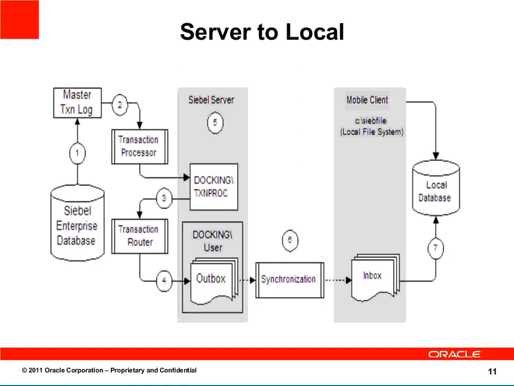Just to complete the flow, after the transaction router generates the right DX file, it puts it in the outbox of every user. The performance depends on how many users you have in the remote system, because we need more routers to process this kind of request. And finally, the synchronization manager will send it to the mobile client, into the inbox of the mobile client.